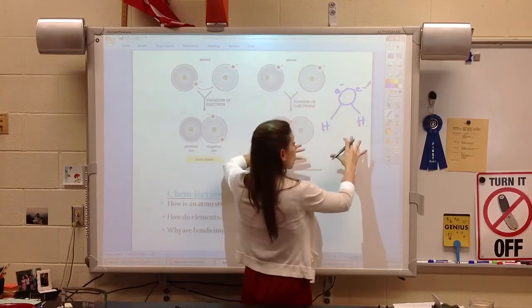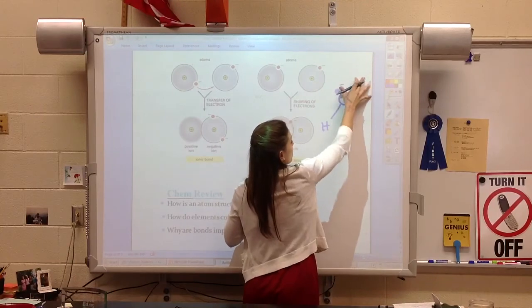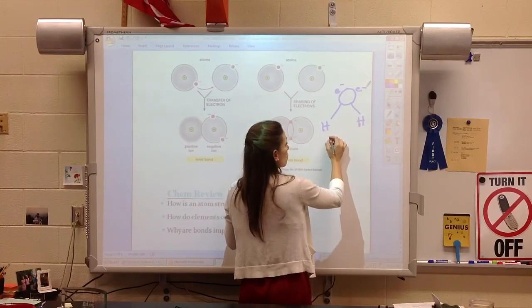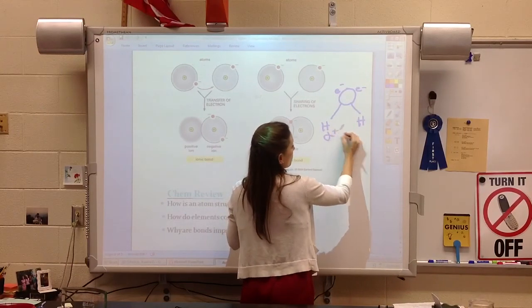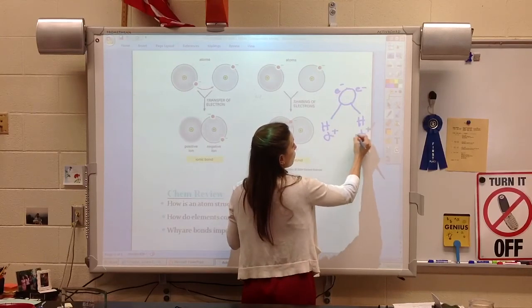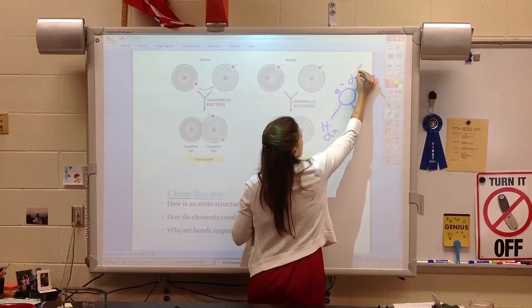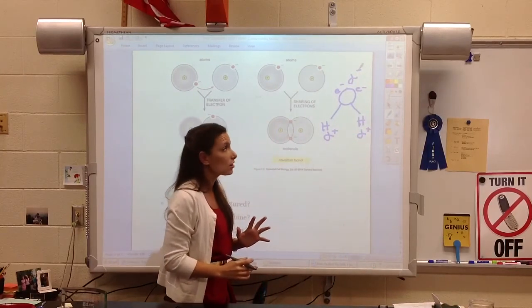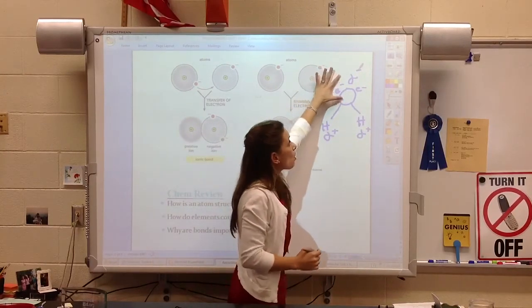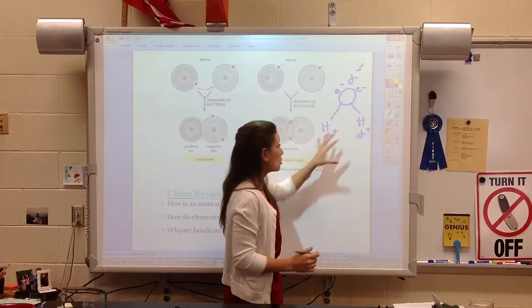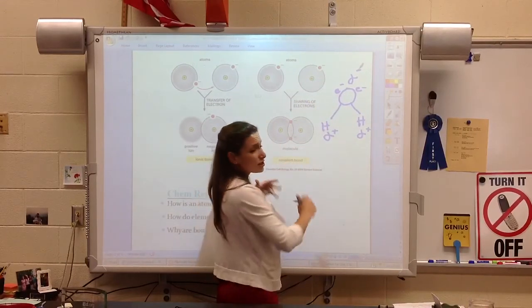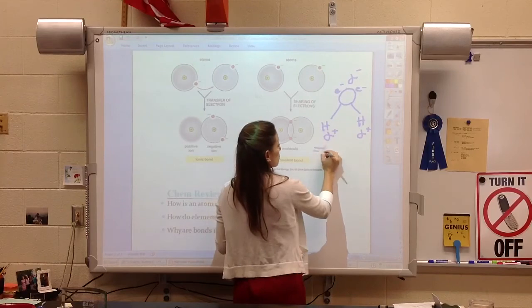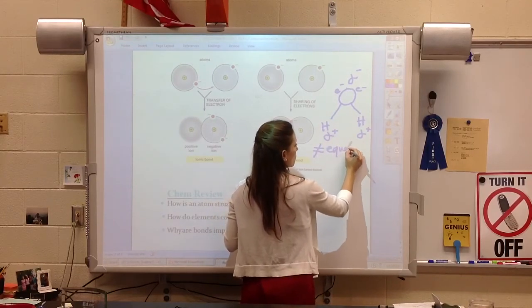Well, this gives us our pole. We're more negative up here. We must be more positive down here. We call that a polar moment or a dipole moment, meaning that we're slightly negative up here, slightly positive down here. And so this is called a polar covalent bond. Still sharing, but just not equal sharing.